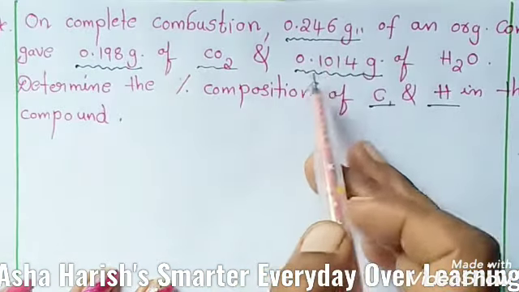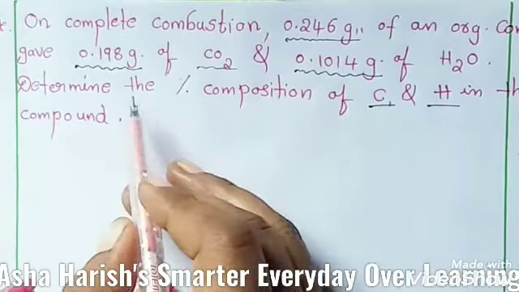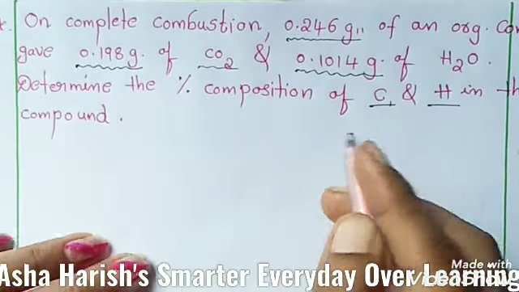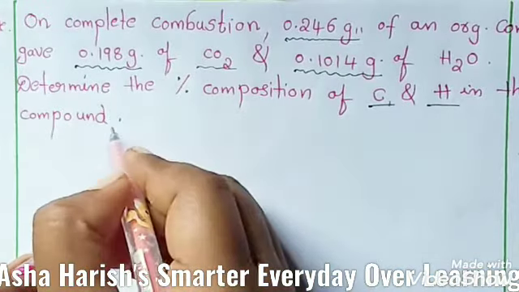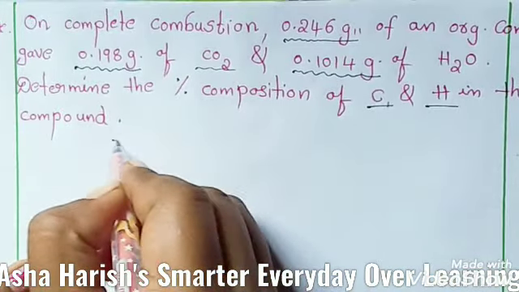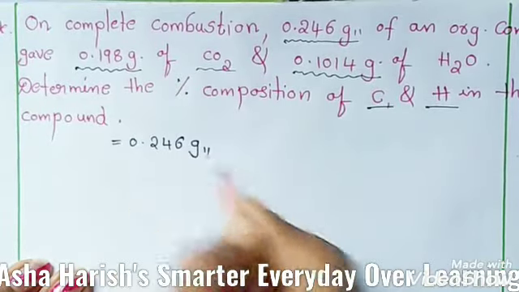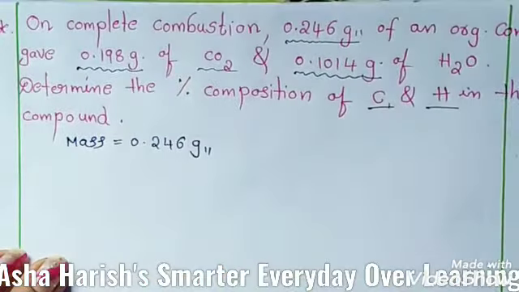Here some amounts are given for the specific organic compound, and we have to determine the percentage composition of carbon and hydrogen. Here the mass of the organic substance taken is 0.246 grams.